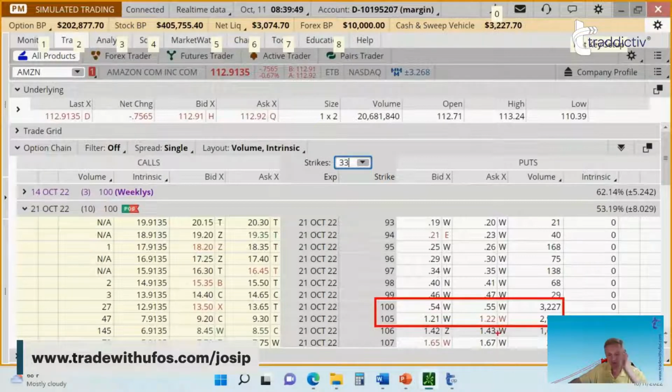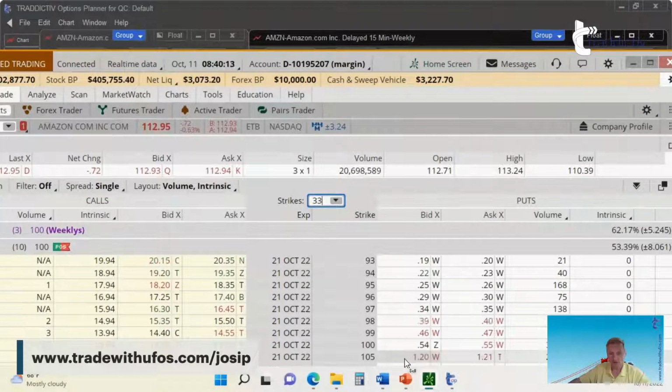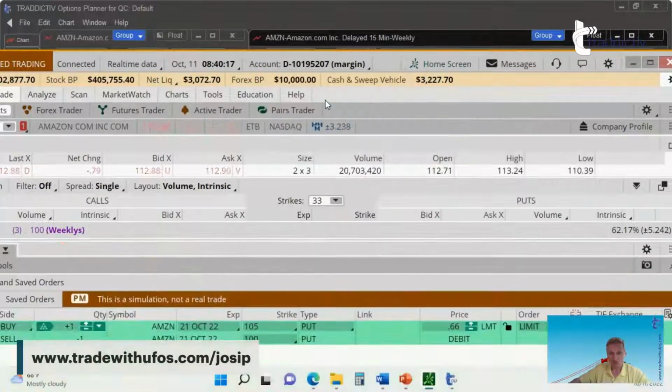How much would it really cost for me just to buy one of these 105 and a 100? Okay, so I'm considering buying the 105 and selling the 100. It would cost me only 66 cents, 68. Now I just changed to 68.